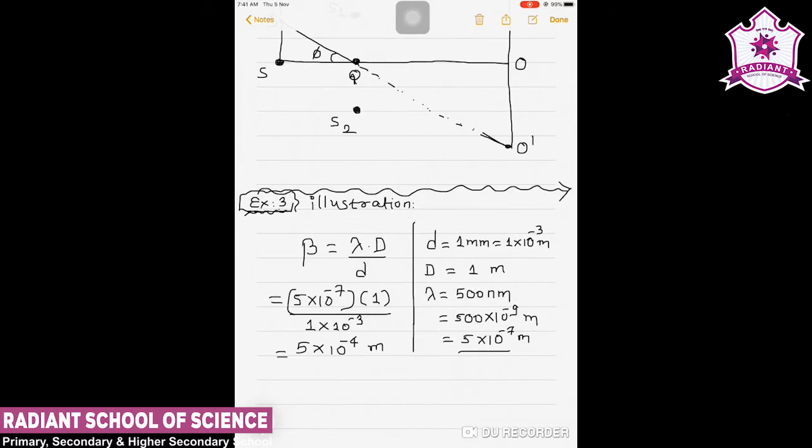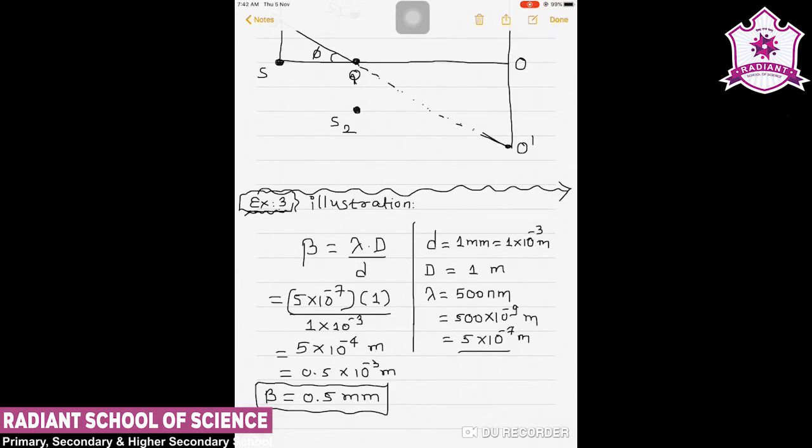That can be written as 0.5 into 10 raised to minus 3 meter, but as 10 raised to minus 3 meter can be written as a millimeter, we have the answer that beta equals 0.5 millimeter. So this is the answer from the textbook illustration number 3.